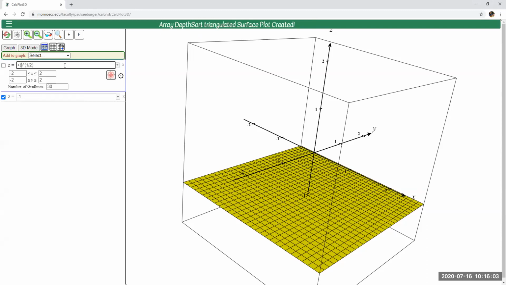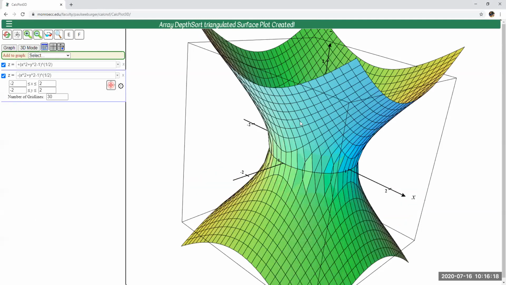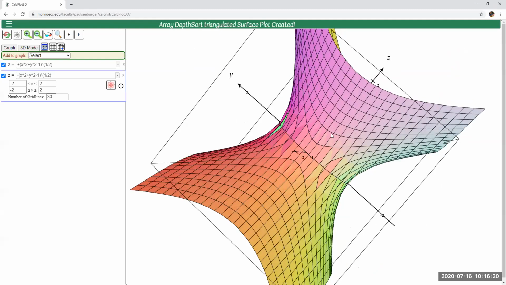Square root of x squared plus y squared minus 1. Same thing with minus. That's how it's going to look like.